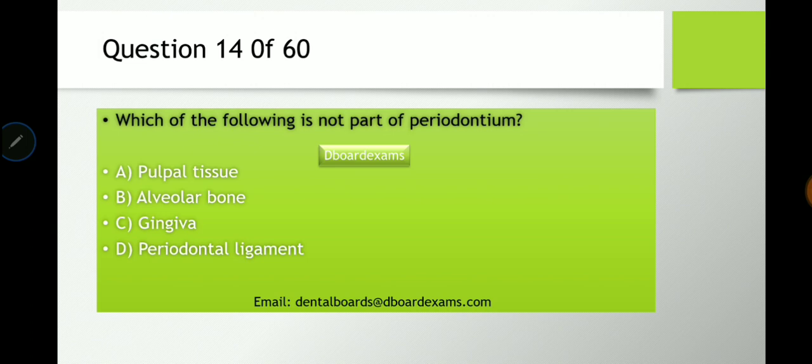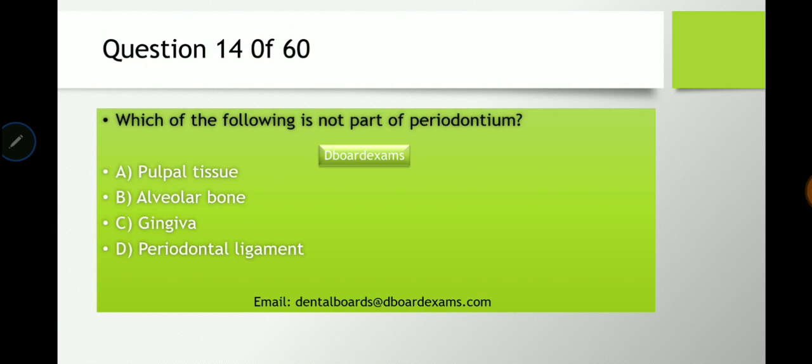Alright. Question 14. Which of the following is not part of periodontium? You cannot evaluate periodontal disease without knowing what the periodontium is. Okay? So what are the components of periodontium? Is it pulpal tissue?